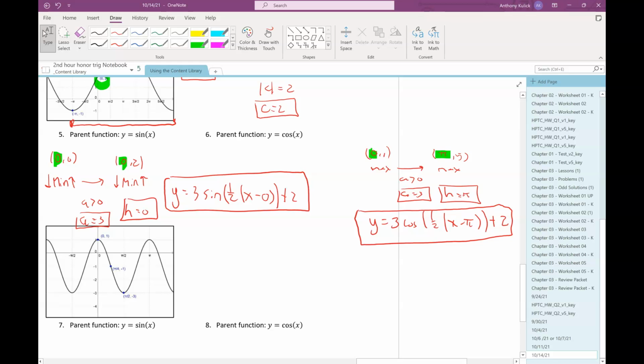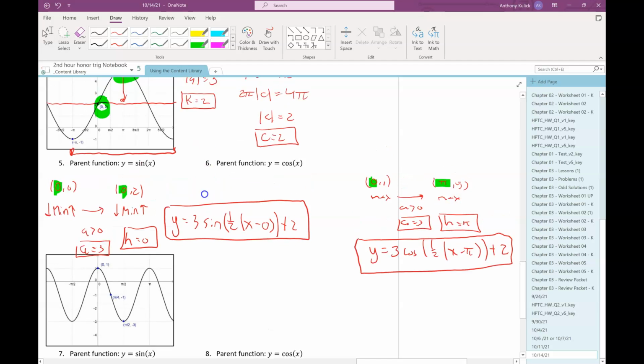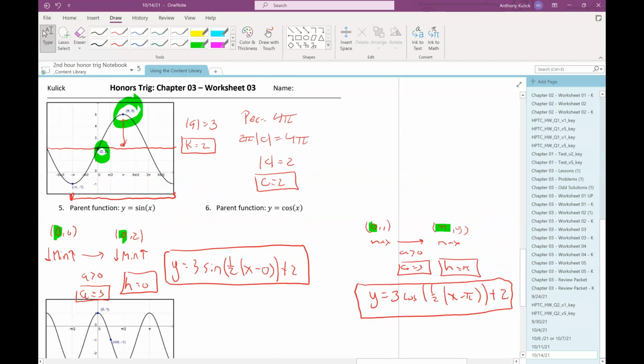Braylon. So for that one, k would stay the same but h would change? Yes. Just solve for h? Correct. K was the same because the midline is going to be in the same spot regardless, right? The picture is the picture.